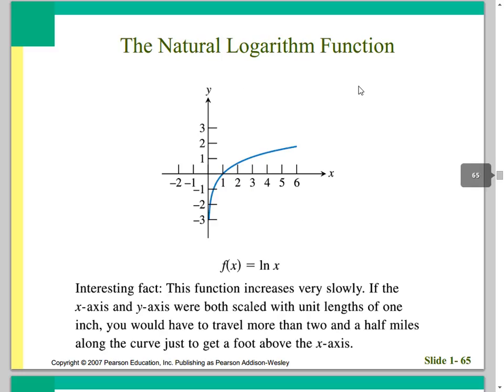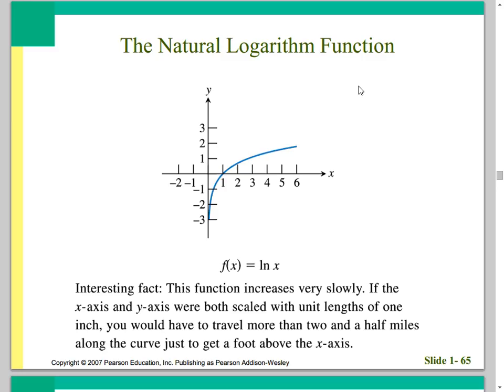We also have the natural log function, ln of x. This function increases very slowly. If the x and y axes are both scaled with unit lengths of 1 inch, you would have to travel more than 2.5 miles along the curve to get a foot above the x-axis. So it's a very slow growing function.